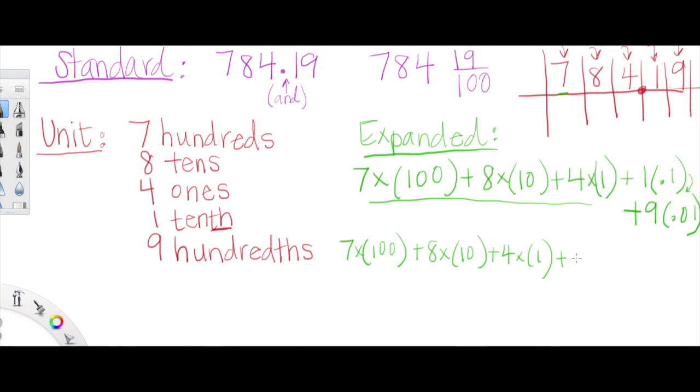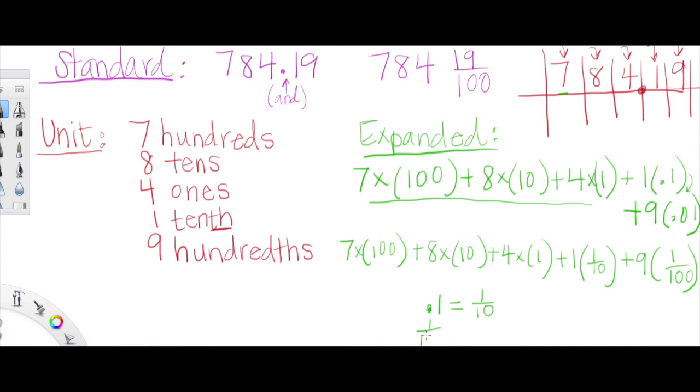So we're going to use fractions instead of decimals, plus 1 copy of 1/10. And finally, 9 copies of 1/100th. We can write 1/10 like this. We can also write 1/10 like this. These represent the same value, they're just in 2 different forms.